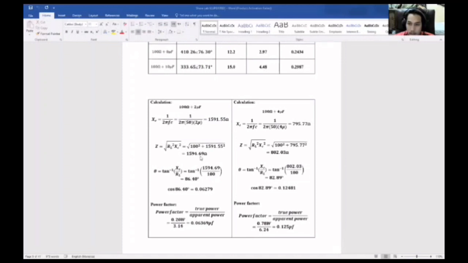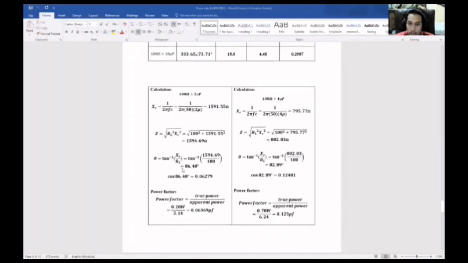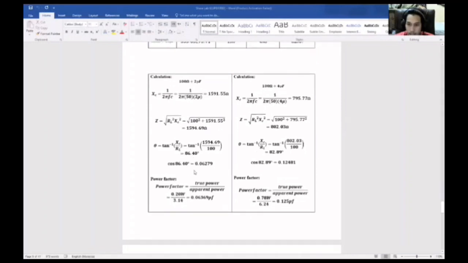Then we got the value. Next, we need to find theta, the formula is inverse tan of Xc over RL, and we got the value, which is 86.0 degrees.